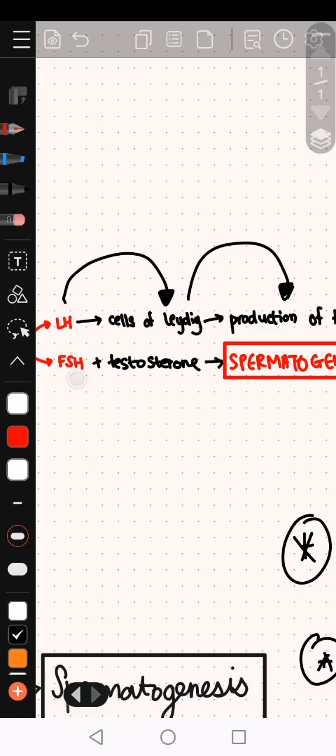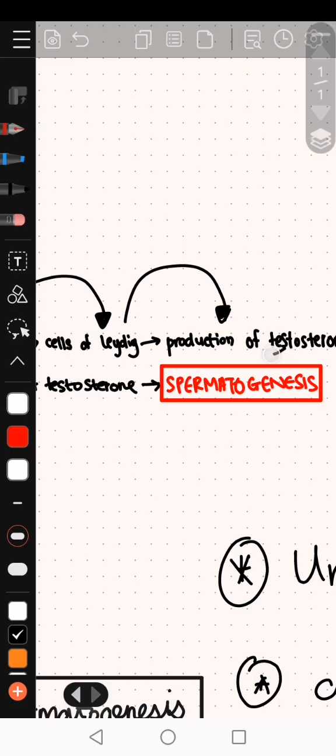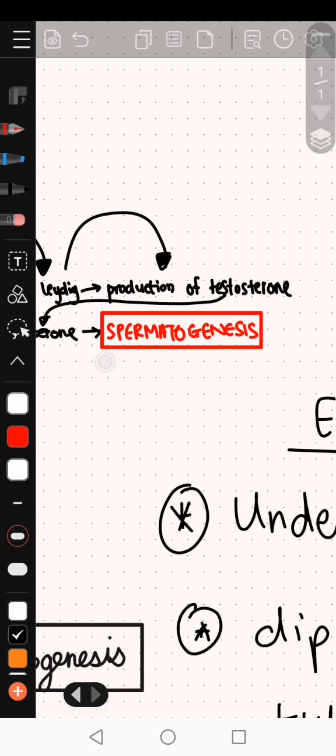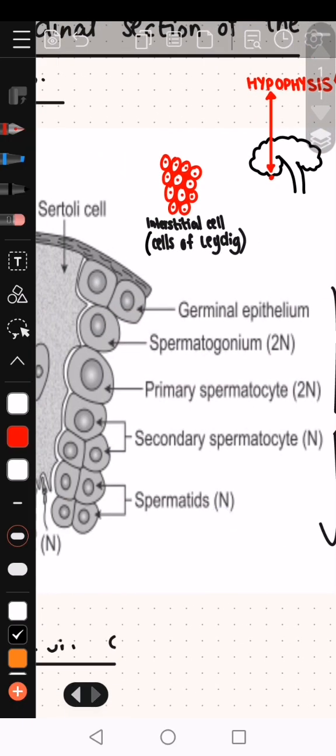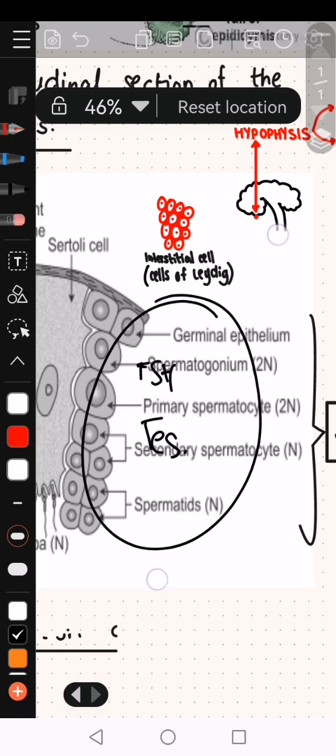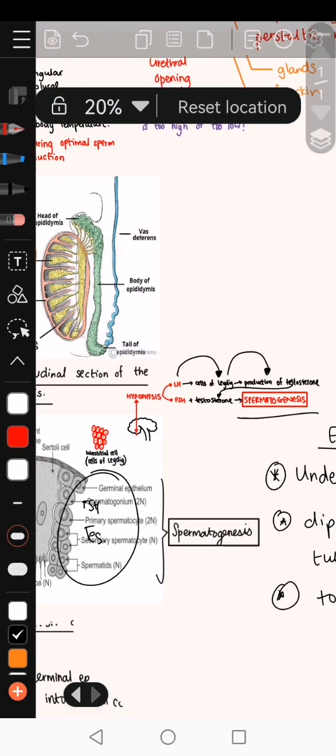The follicle stimulating hormone with the testosterone is going to facilitate, or stimulate, the process of spermatogenesis. So this process of spermatogenesis that is taking place here is under the control of FSH and testosterone, right? Under the control of FSH and testosterone.